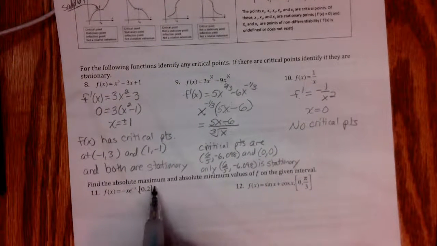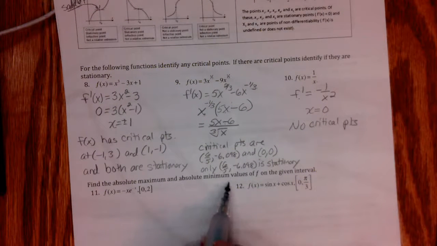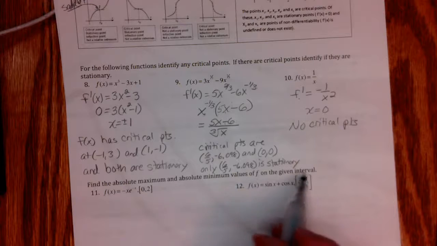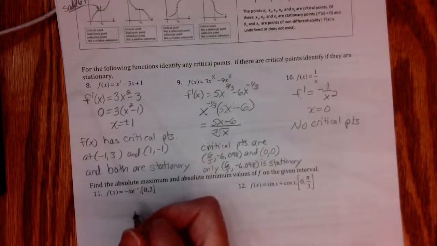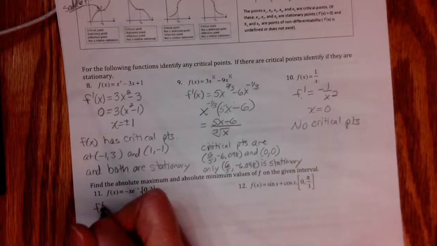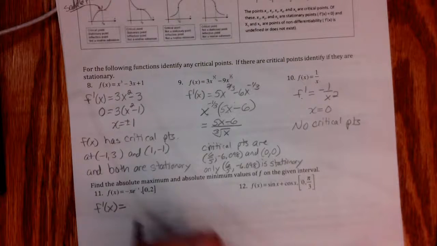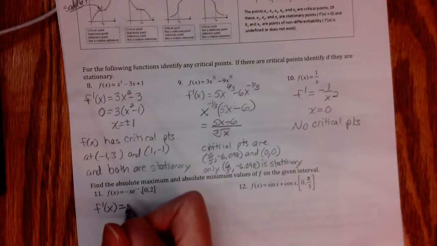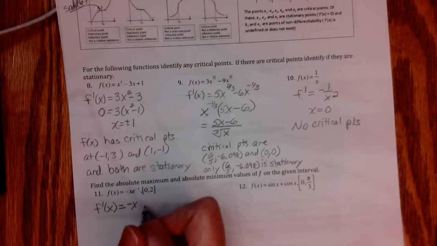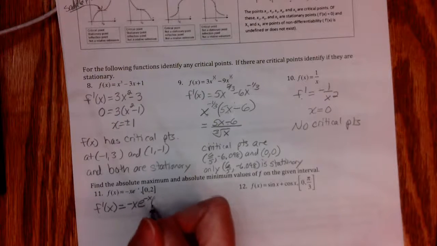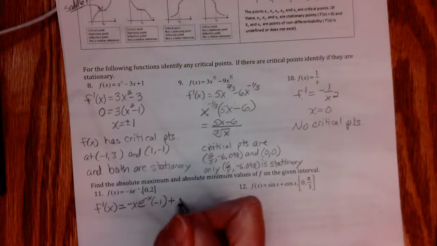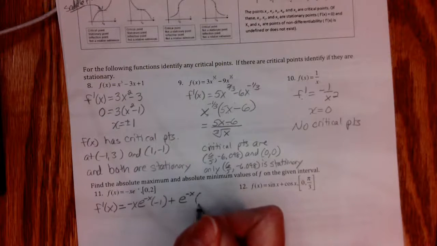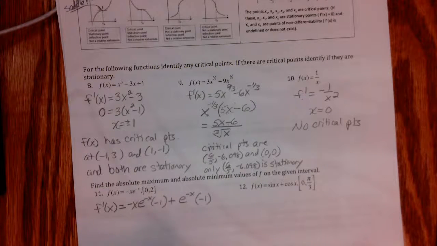Finding the absolute maximum and the absolute minimum values of f on the given interval. Well, to find any kind of max or min, we take the derivative, so I'm going to say f prime of x, and this one involves the product rule. So I have the first one as is, times the derivative of the second, plus the second one as is times the derivative of the first.